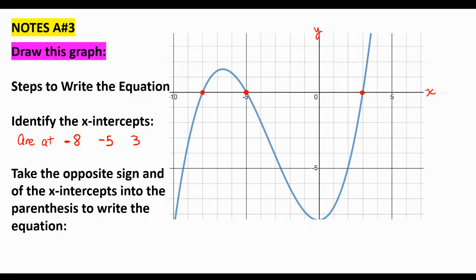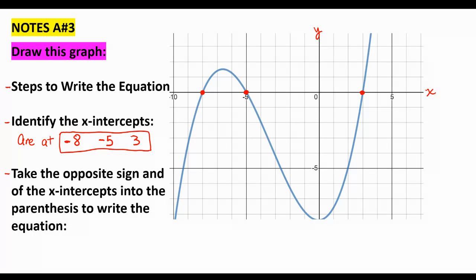Then you take the opposite sign of the x-intercept into the parentheses to write the equation. So your x-intercepts are at these numbers. Now you should be writing down all of these words, right? Steps to write the equation. Identify the x-intercept.